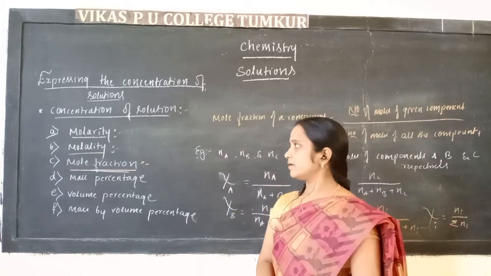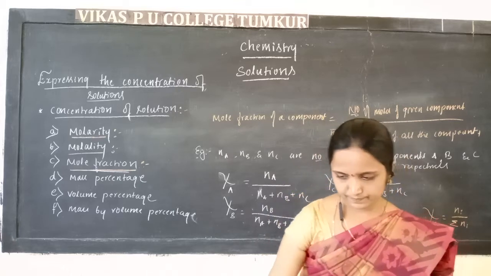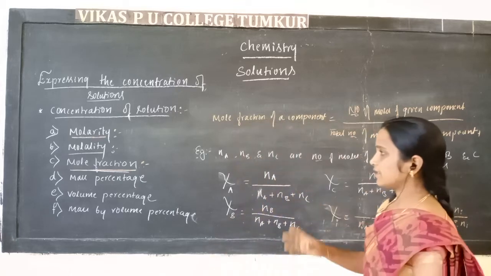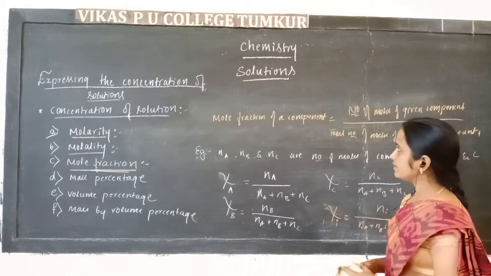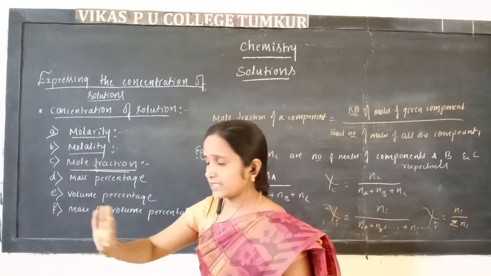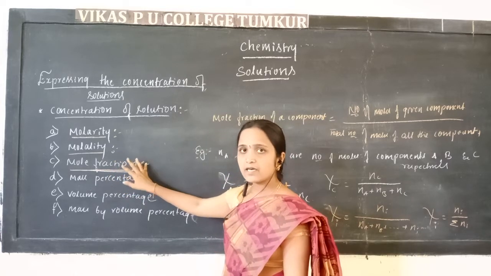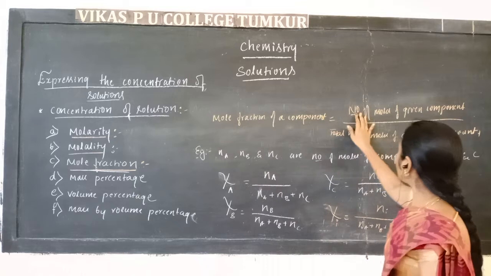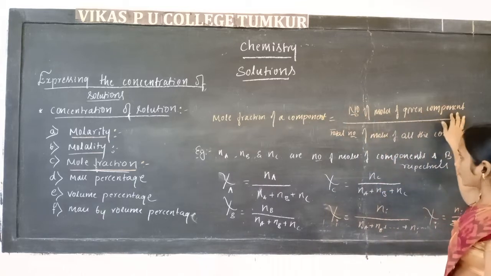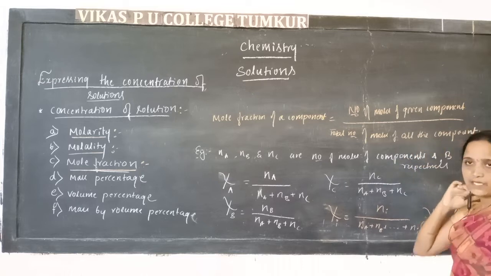Next we are going to discuss the mass percentage. But first, once again, what is meant by mole fraction? The mole fraction is the ratio of the number of moles of the given component to the total number of moles of all the components.